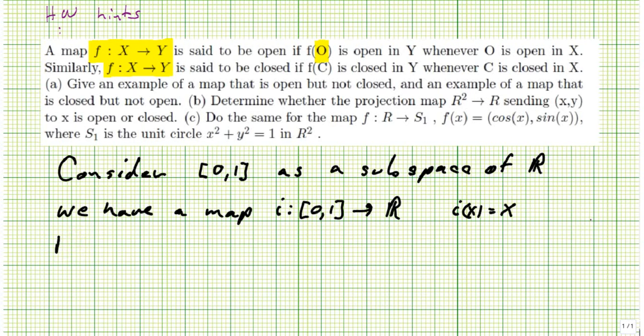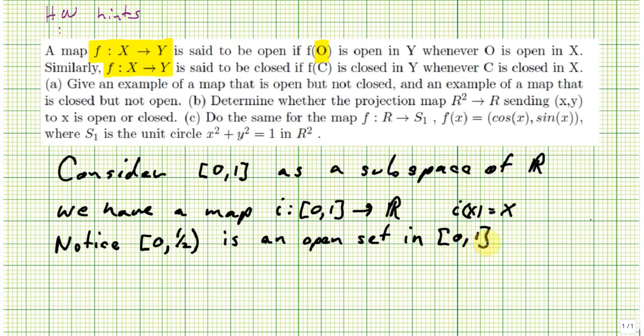Notice that the set 0, a half is an open set in 0, 1 using the subspace topology.